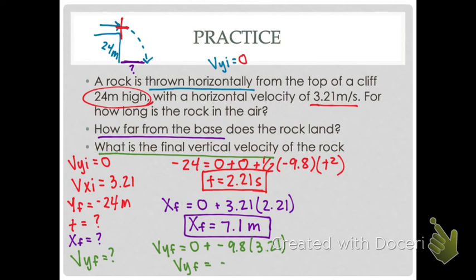And our vertical velocity comes out negative. Does that seem to match what we would expect? Yeah, because it's going downward. I plugged in the wrong number for time. Okay, 9.8 times 2.21. So how about negative 21.7? Okay, yep, thank you.